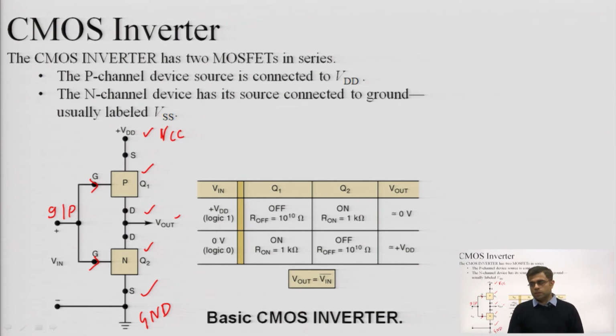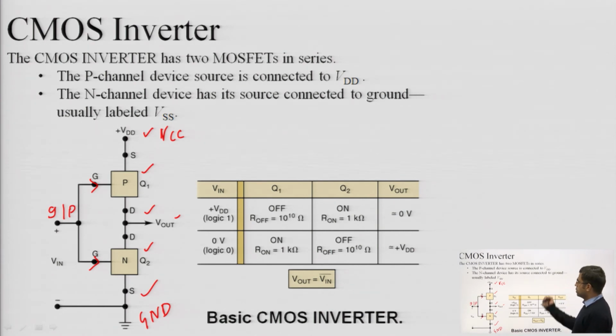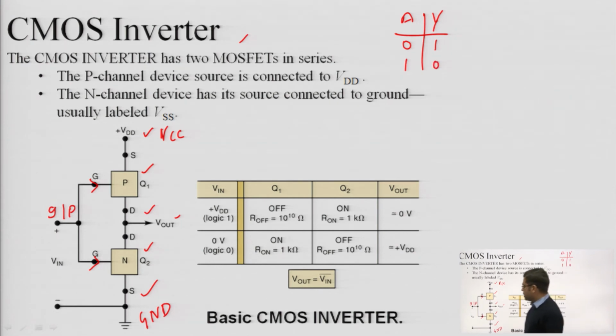So let's now check how this gate is working. This is a CMOS based inverter. That means if I apply A equal to 0, then the output must be 1, and if I apply A equal to 1, then the output must be 0. So let's say I apply 1 here. If I apply 1, then both gates will be 1.